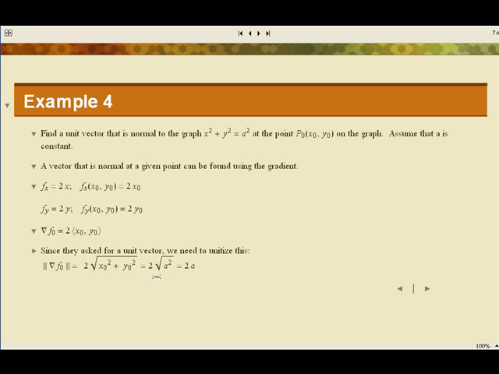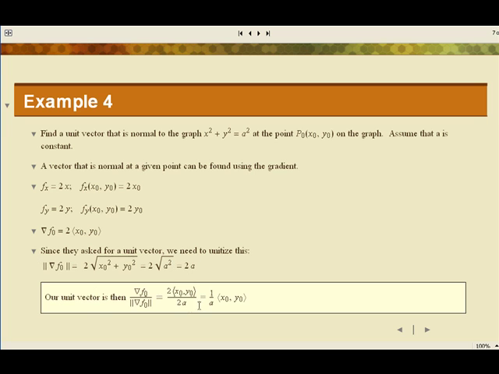So I got 2 times square root of a squared, which is the same as 2a. That means our vector is going to be 2(x naught, y naught) divided by 2a, or just 1 over a times (x naught, y naught). The vector is x naught in the i direction, y naught in the j direction.